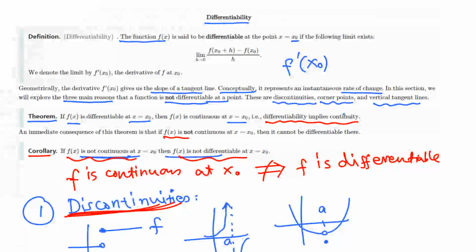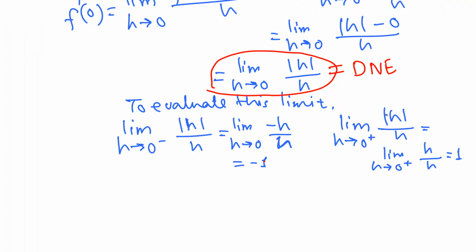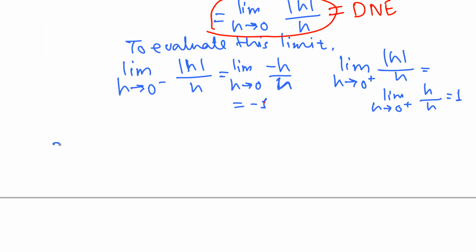And if we go up all the way: discontinuities, corner points, and the third case is a vertical tangent line. Sometimes we can have a vertical tangent line. That's kind of rare, but in that case, the function is not differentiable. Okay, vertical tangent line.